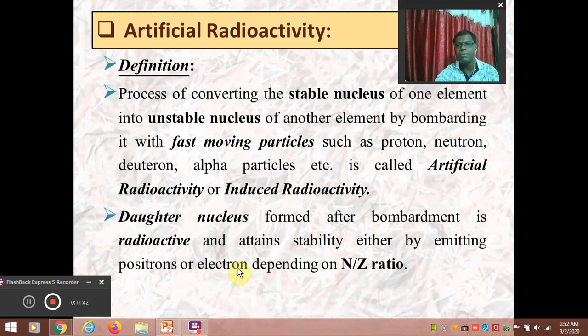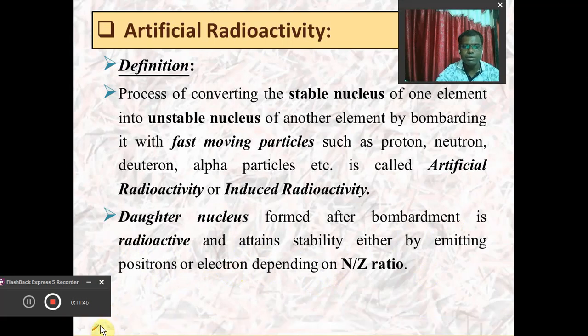So what type of particles are emitted by these radioactive elements? The type of particle emitted by a radioactive element depends upon the number of neutrons and protons present in the nucleus of the daughter nucleus, or the recoil nucleus, or the newly formed element.